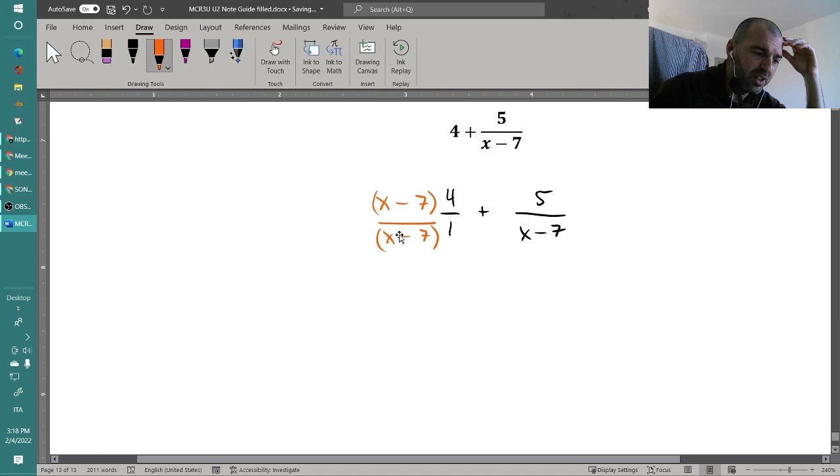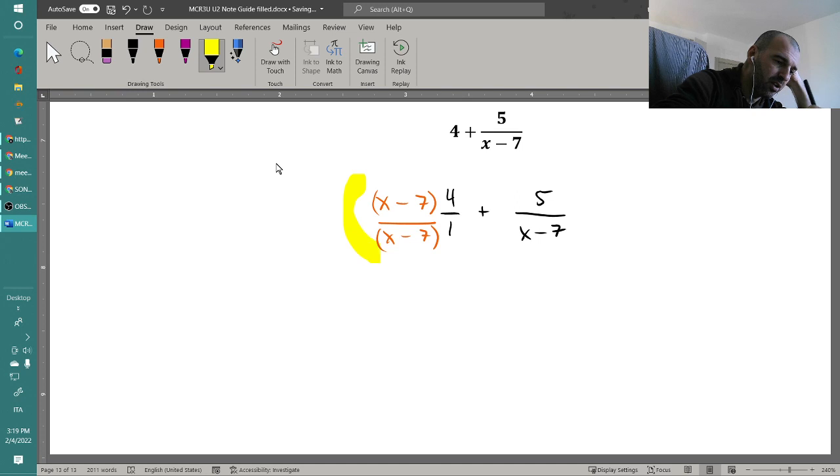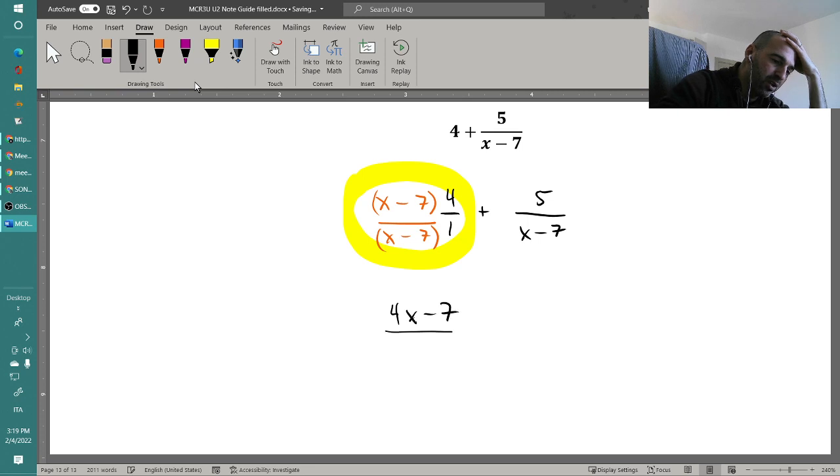What this effectively does is it automatically produces a common denominator. Because as we know, multiplication of two fractions, this is going to be 4 times x minus 7 over x minus 7, plus 5 over x minus 7.